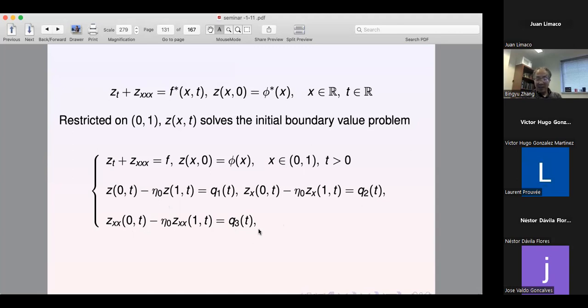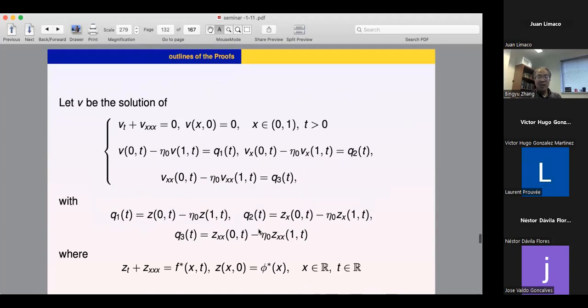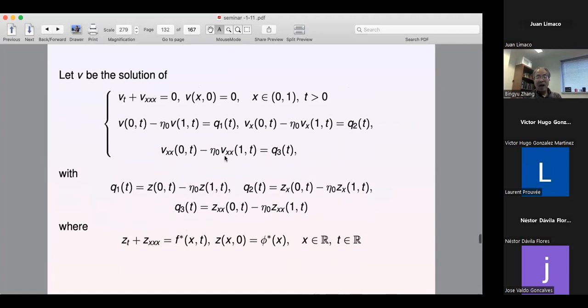Then we take this q1, q2, q3 and consider this non-homogeneous boundary value problem. Pay attention here: the initial data is 0, and q1, q2, q3 come out of z, and z is the solution of this problem. We put this one as the boundary data. Then we try to solve this non-homogeneous boundary value problem.